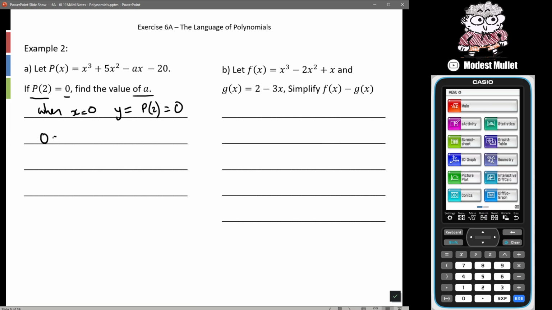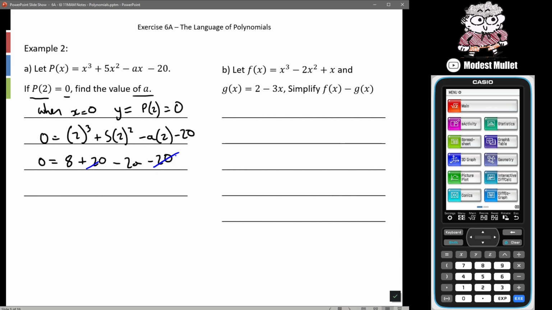So we get 0 is equal to 2 cubed plus 5 times 2 squared minus a by 2 minus 20. We get 0 is equal to 8 plus 2 squared is 4 by 5 is 20 minus 2a minus 20.